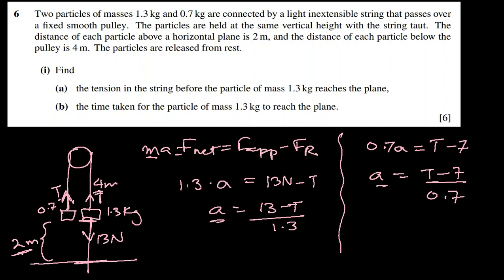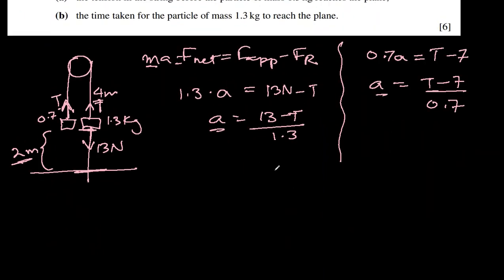Since both of them are A, we can equate the two equations. So (13 minus T) over 1.3 equals (T minus 7) over 0.7.